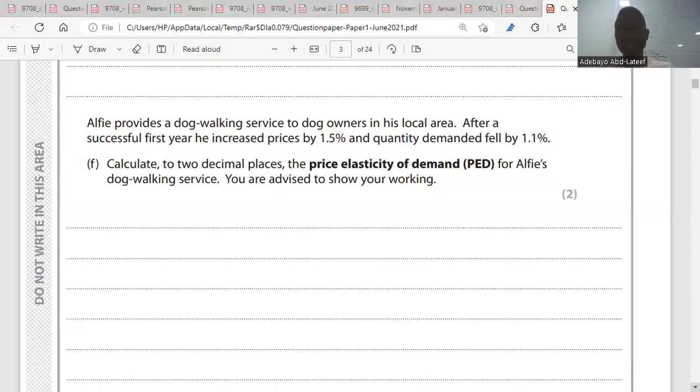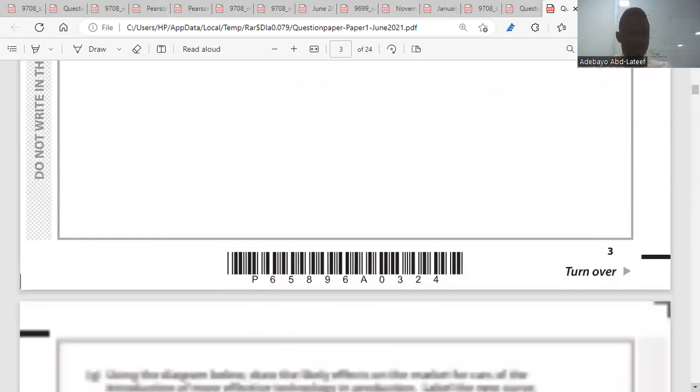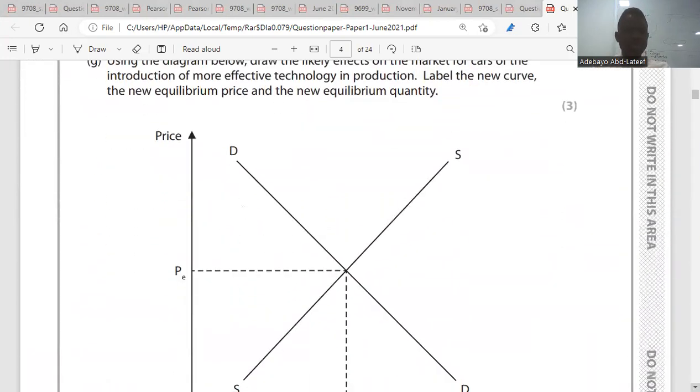PED is percentage change in quantity demanded over percentage change in price. So we have minus 1.1 divided by 1.5, which gives us minus 0.73, and it is inelastic. Is it clear? So we'll go to G.